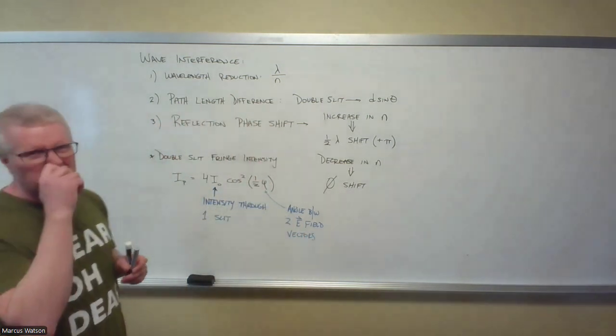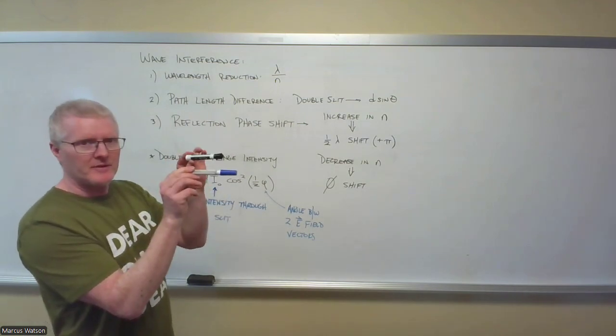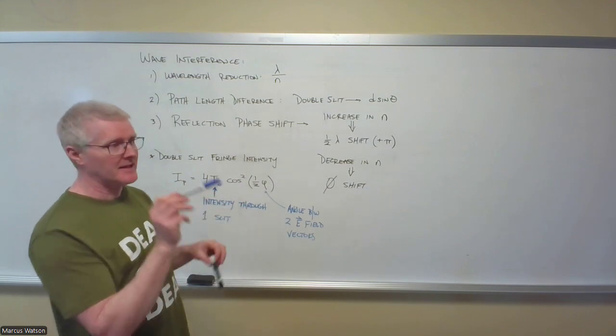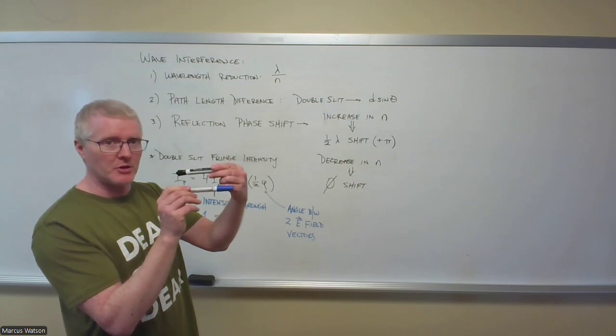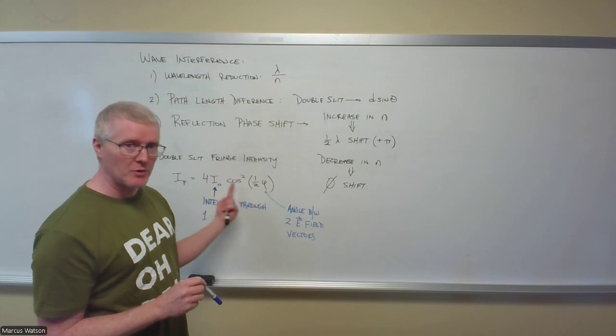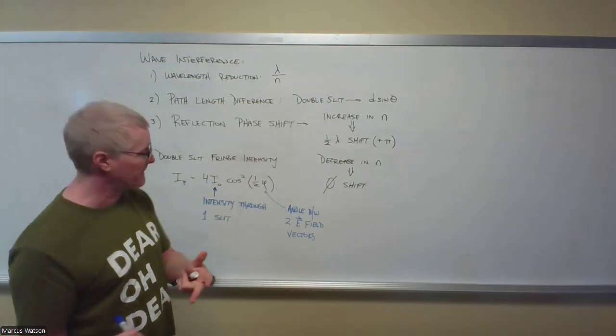All right. So if I have them lined up like this, then that angle is 0, and you get a maximum in the intensity. If I have them anti-lined up, then this angle is 180 degrees, but 180 divided by 2 is 90, cos of 90 is 0, and we're getting a dark spot, which is what we wanted.